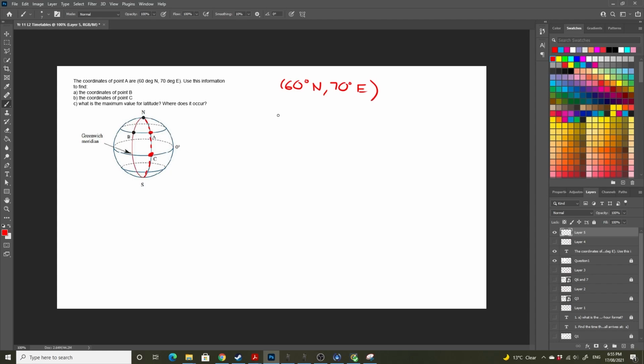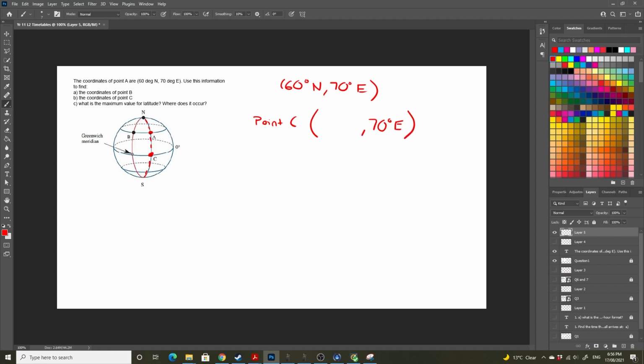So we know that point C has some degree associated with its parallel of latitude, but it's on the same meridian of longitude as point A, so that means this is 70 degrees east.